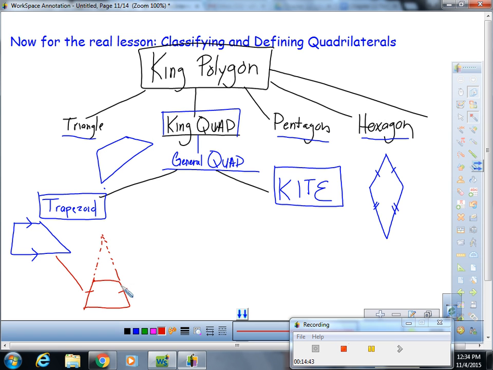So, in order to honor, I guess, his baby's mama, Trapezoid named his daughter Isosceles Trapezoid. Okay? So, what was true about an isosceles trapezoid? Well, it was a trapezoid, but now its legs were congruent to each other.